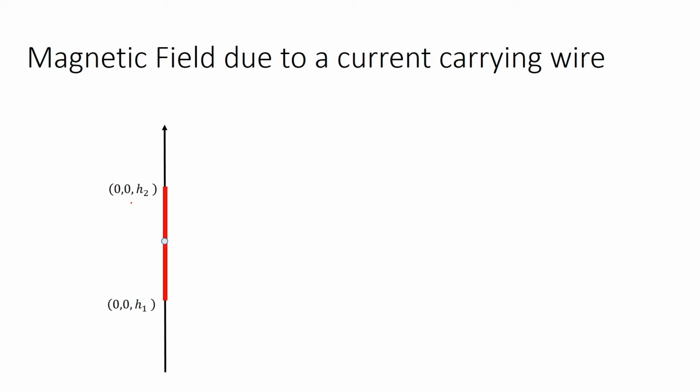Consider a point 0, 0, h dash. Let us assume this to be the point source which we are considering for our analysis. That means this should vary to give us the current element. So the current element would be I dh dash along a z cap.